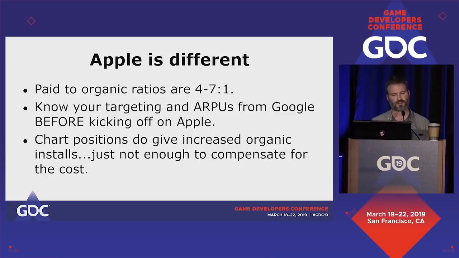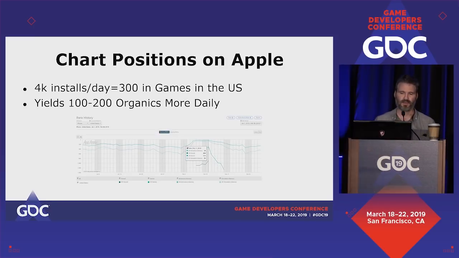The key difference between Apple and Google is that chart positions matter. So the higher you are in games, the more organic installs you're going to see. Unfortunately, in my experience, it's not enough to compensate for the cost. So 2 months ago, tried an experiment. We spent $4,000 a day to acquire 4,000 installs per day to get the top 300 in games, and it yielded 100 to 200 additional organics per day.